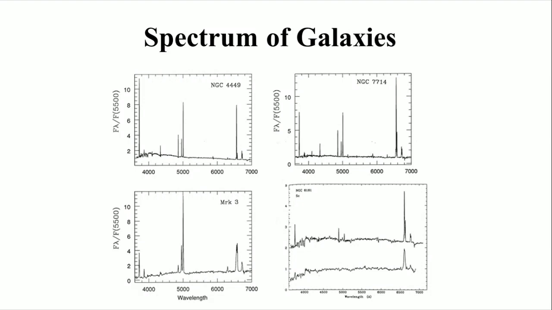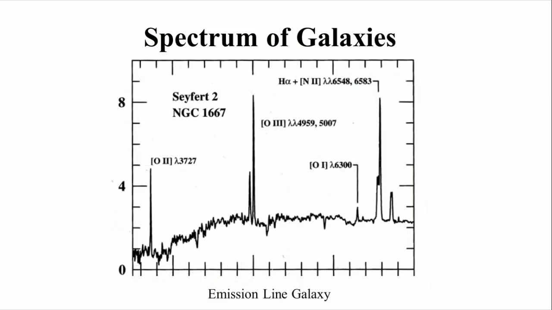Now if we want to understand the spectrum of a galaxy better, same as all the other examples before, it's better to put them into classes. What we can observe from a spectrum are emission lines, absorption lines and redshift. One way to classify galaxies is based on their emission lines.